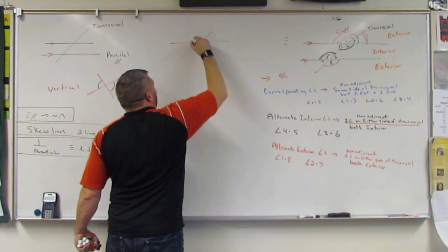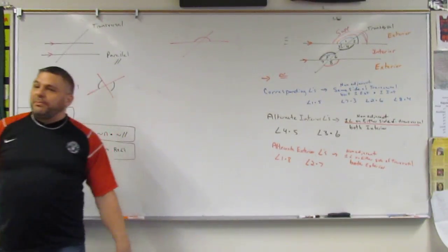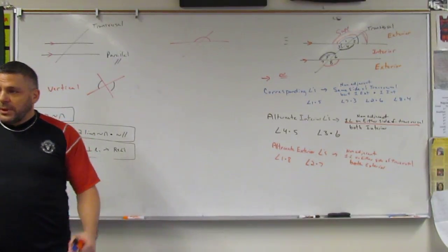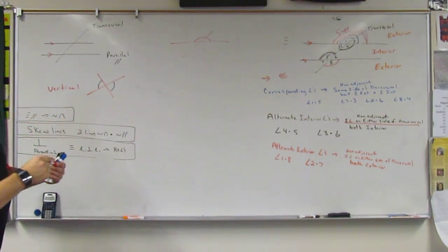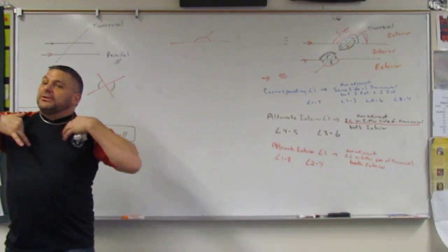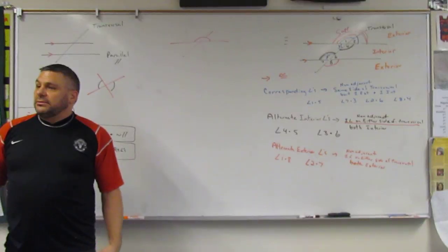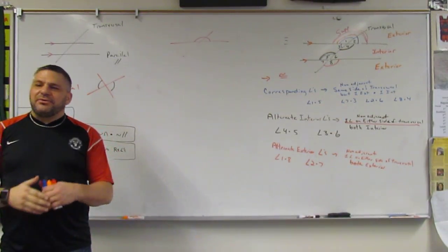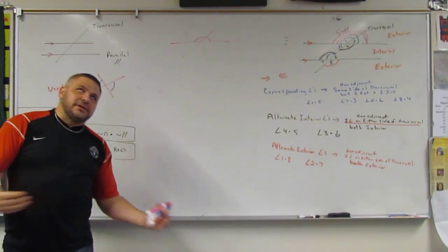We need to know that this is a linear pair or supplementary. Right? Okay? With that said, there's some certain things that are going on. We know that if they're adjacent, right, and they create a line, that they're linear and they're supplementary.